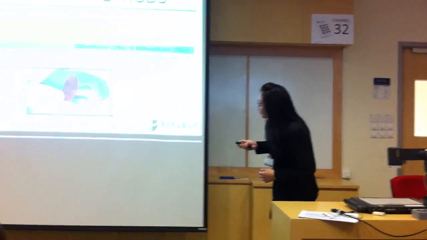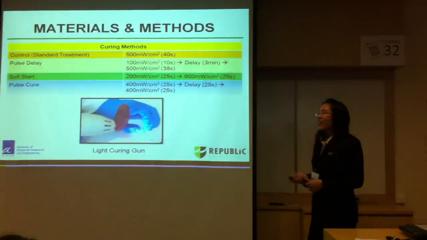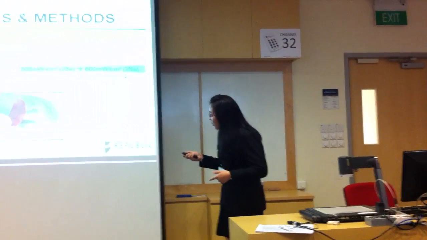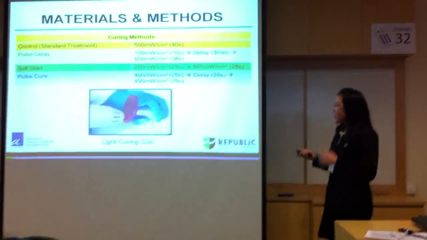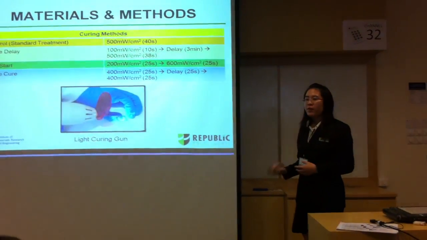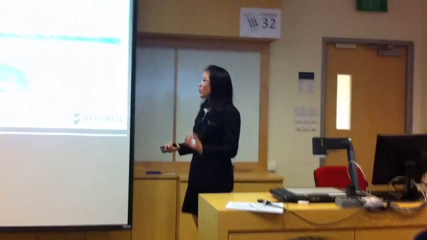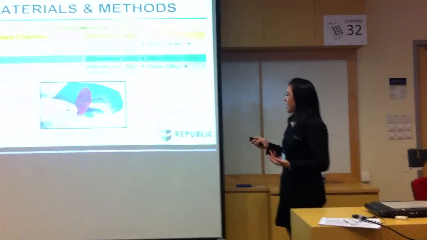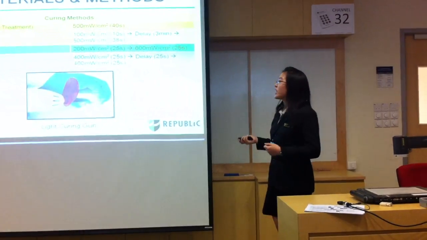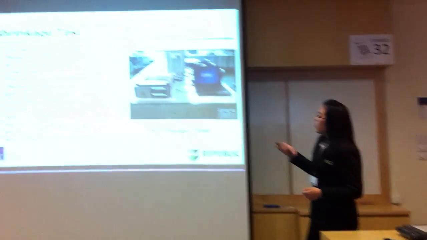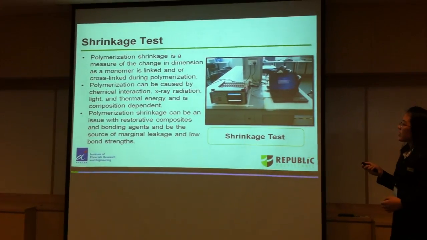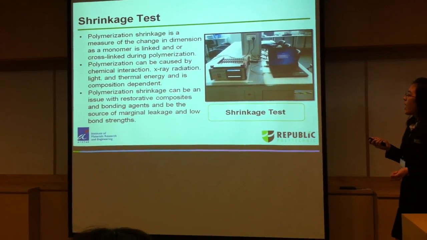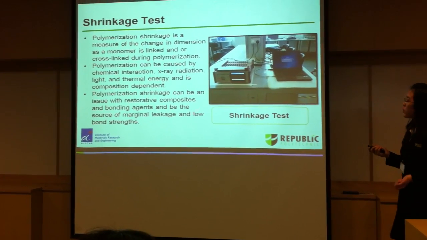And if you are curious what this light curing gun is, it shines blue light on the dental material, which is shown here. And this dental material will polymerize due to the photoinitiator in this material. They will start to polymerize, and this is how we measure the shrinkage using the data logger. Polymerization shrinkage, as I mentioned before, may be due to light, but also due to thermal, X-ray radiation, and chemical interaction.